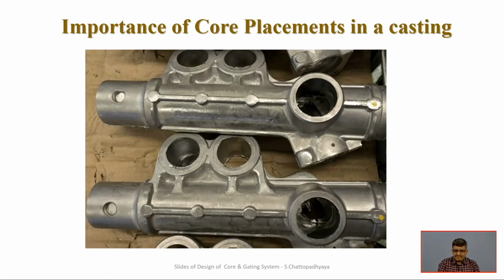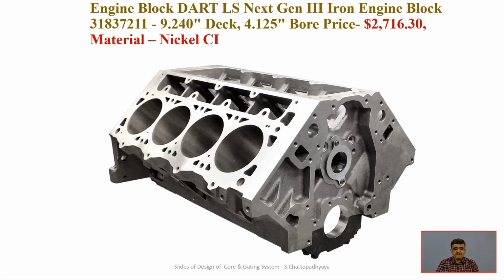In the next slide we can see a typical engine block, a grey iron engine block, with some designations and parameters, and we can see all those hollow parts which are predominantly produced by the placement of the core, and definitely after that it needs machining.